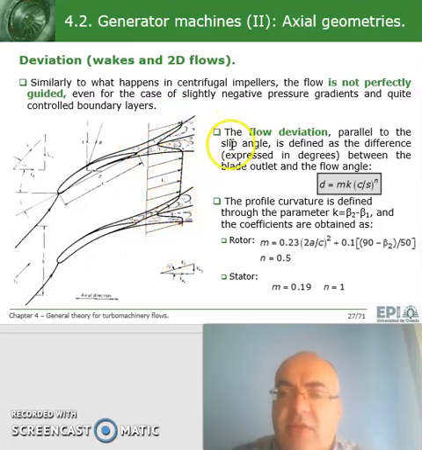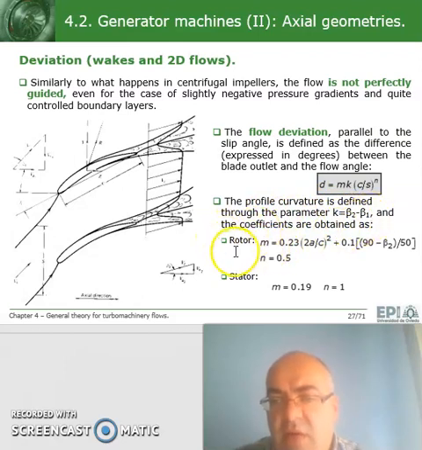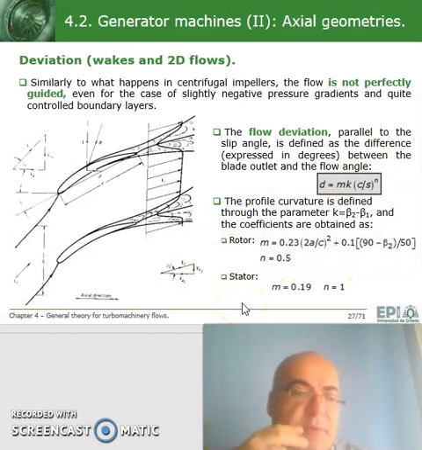Normally on this kind of geometries there are some approximate equations for the flow deviation, and it can be an equation like this with some parameters that we have already seen. Curvature through the parameter k, in this case beta 2 minus beta 1, and the other coefficients for the rotor and stator, m and n, are defined as this. So they are kind of empirical equations that we have in the books, right?